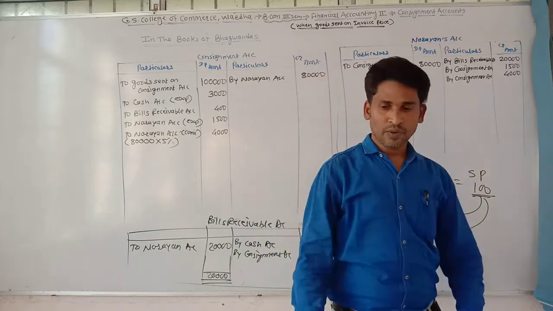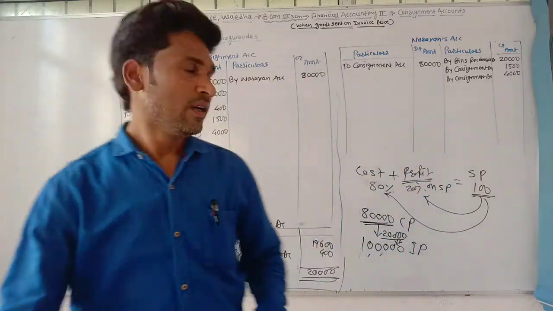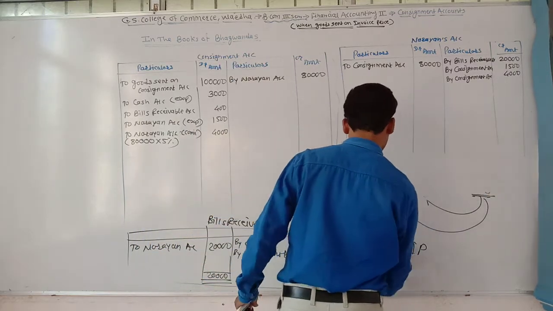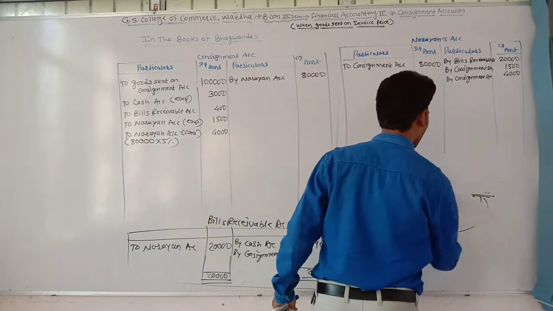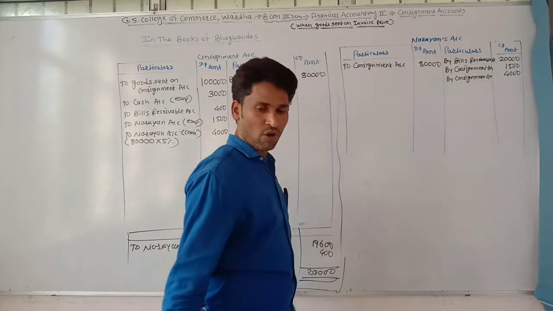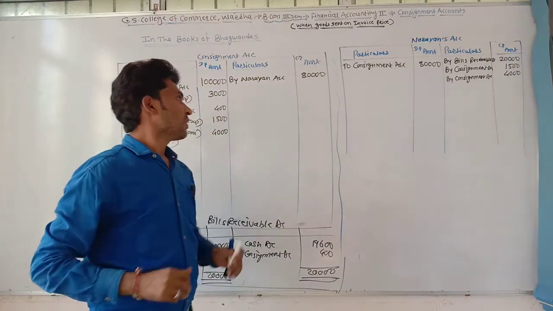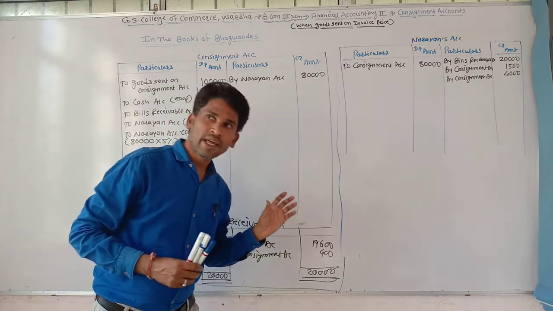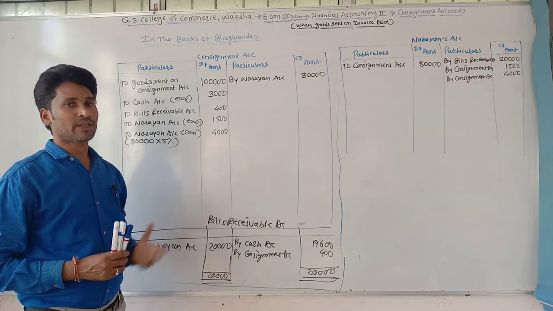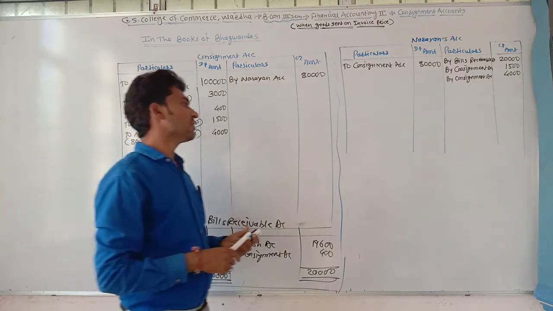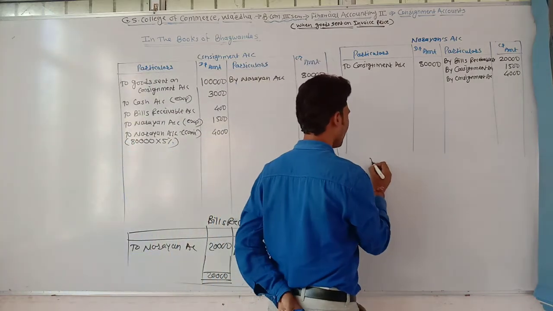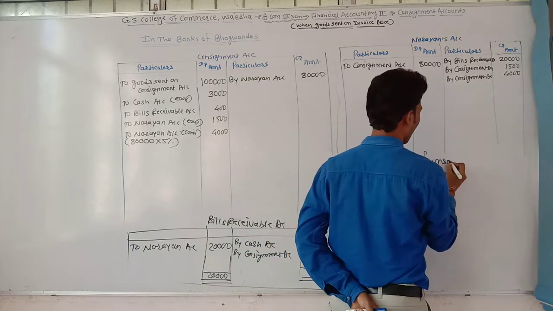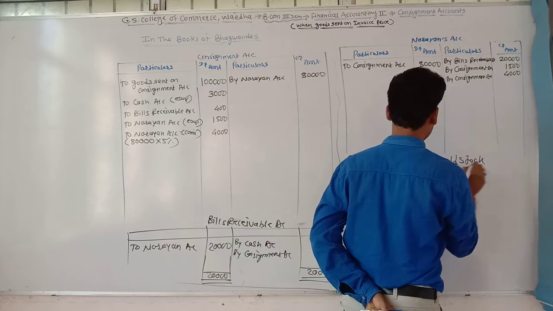Okay, so at the end of the financial year, you need to find out the profit or loss on consignment. Firstly, you need to check whether there is unsold stock or not. In this example there is some unsold stock, so you need to make the valuation of unsold stock.